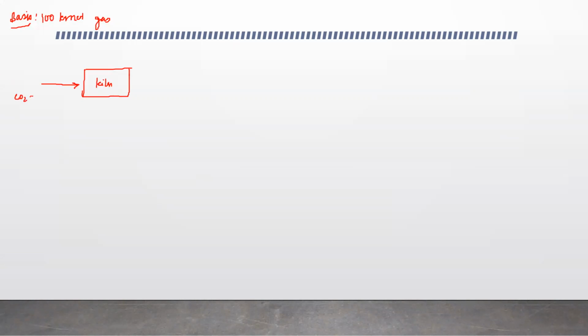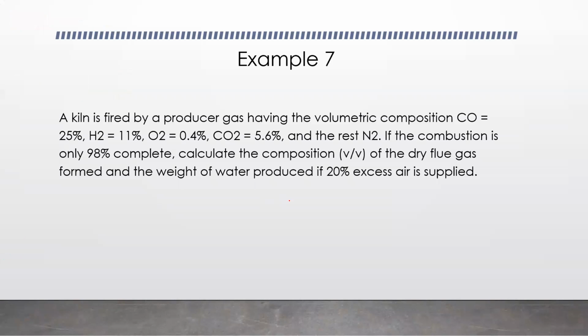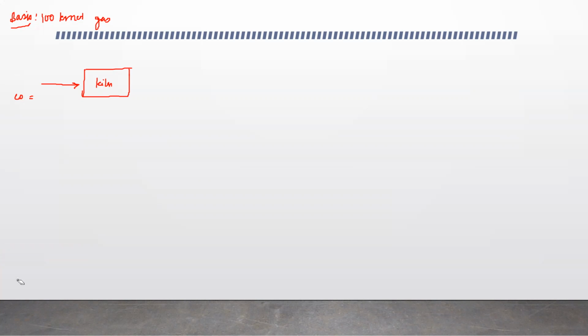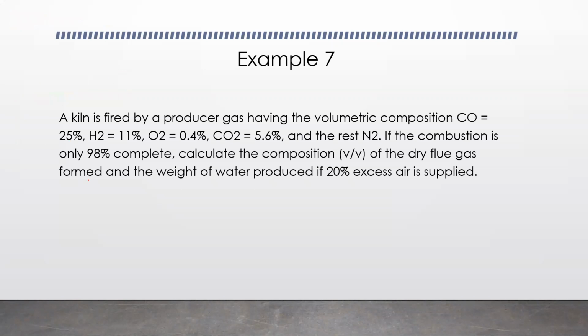Carbon monoxide is 25 kilomole, hydrogen is 11 kilomole, oxygen is 0.4 kilomole, carbon dioxide is 5.6 kilomole, and nitrogen is the remaining, that is 58 kilomole. Hope this part is clear.